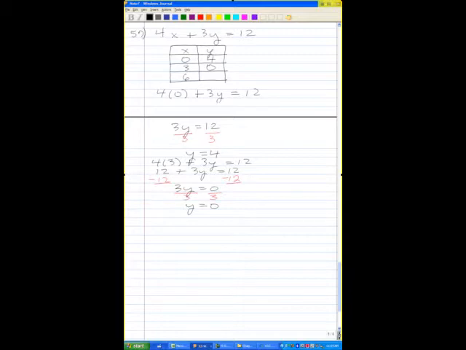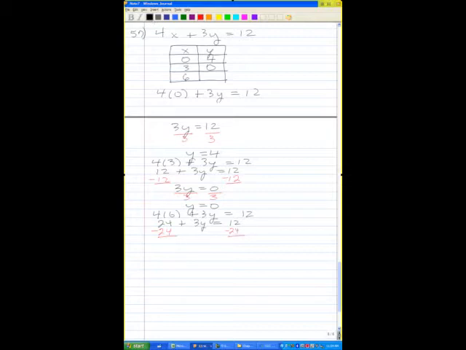Okay. Now let's pick x equals 6. So 4 times 6 is 24 plus 3y equals 12. Subtract 24 from both sides of your equation.